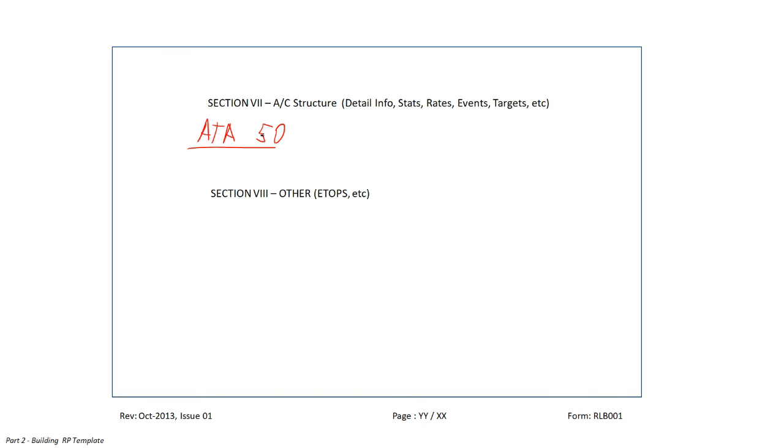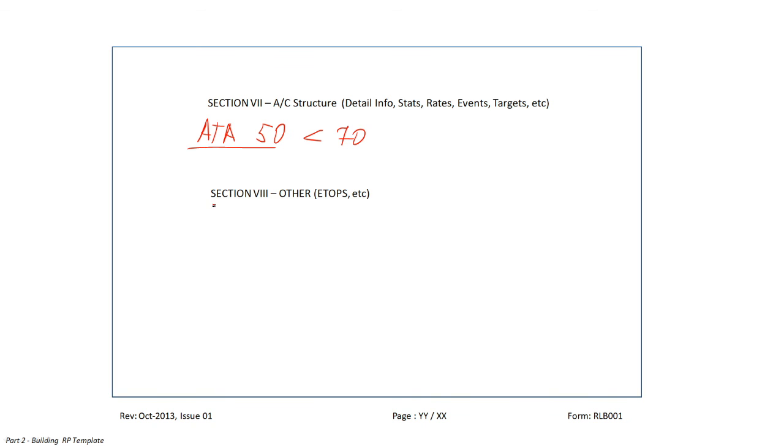If you don't have some specific task, all this information up to 70 we can include in section 4, which is the system performance section. Or I can tell you even more, most airlines have an aircraft structure system, right? They track a standalone system for aircraft structure, okay?